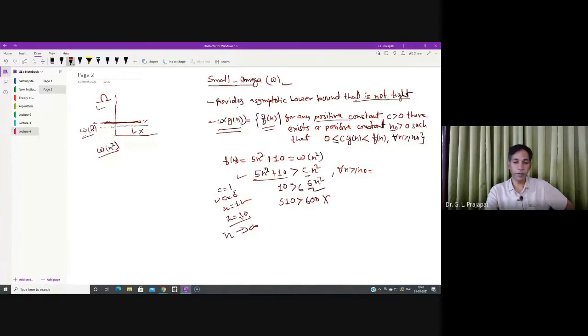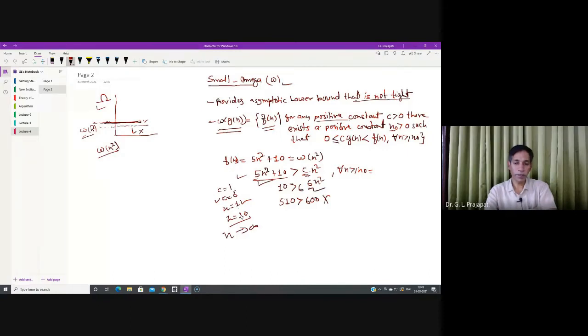So this is not satisfied for C equal to 6. I have just taken more than 5, but you can take C equal to 1 or 2, a small value of C, and then this condition holds true. So for some C this satisfies, and for some C it is not going to satisfy. Once C is more than 5, then you will not find n0 for which you can say that after this value of n0 the condition holds true.